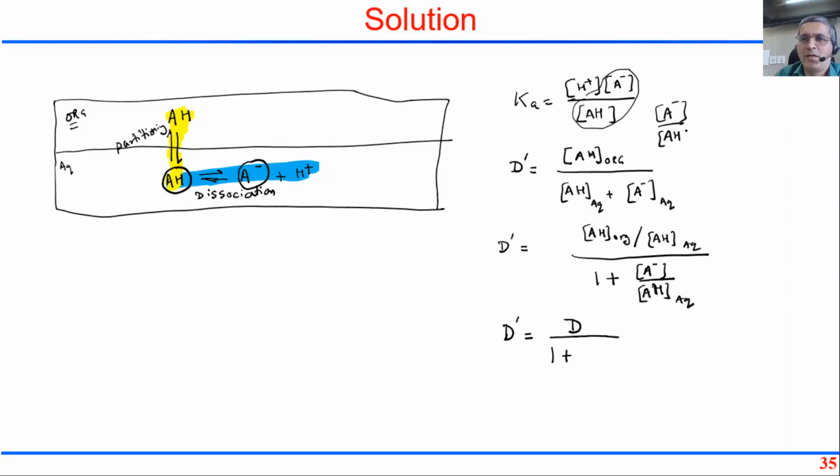This ratio, the dissociation, is only in the aqueous phase, so you might as well write it with aq subscripts. Whether we write aq or we don't, it's all the same, because dissociation is only in the aqueous phase.